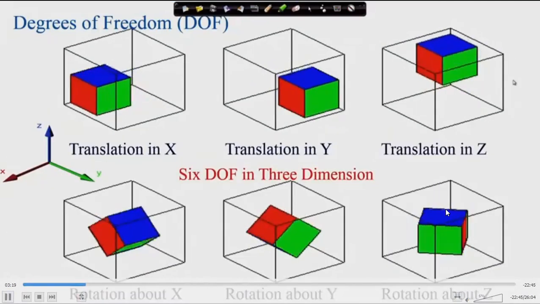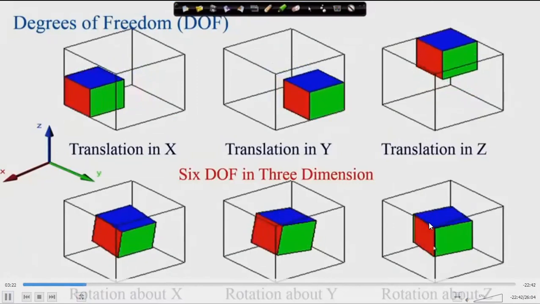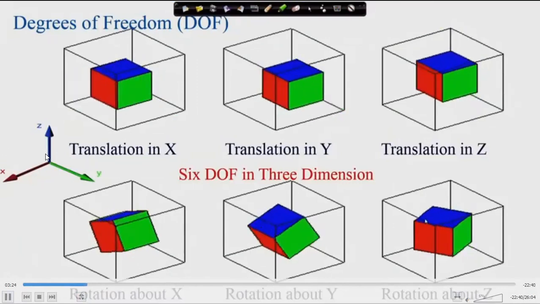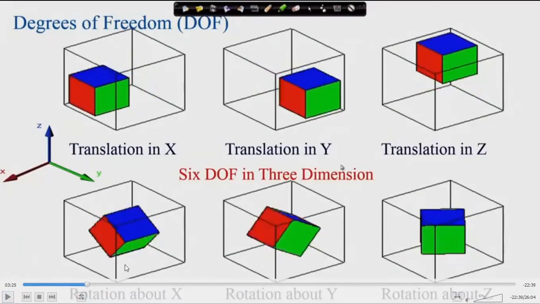The height is changing, but here the height is constant. It rotates about z. So we cannot use these as well.